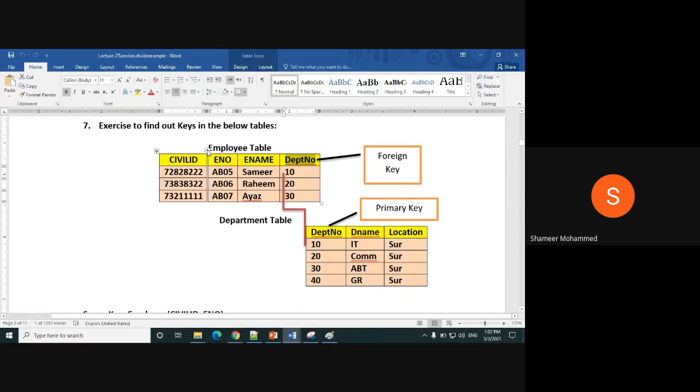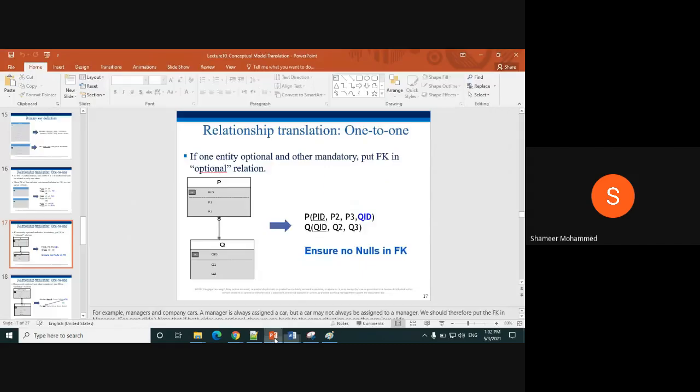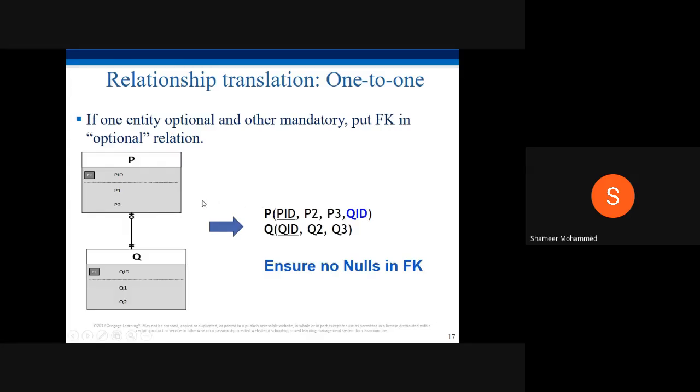Here we call it a table, but here we are calling it an entity. This is an entity. This is an entity. So this attribute you are going to place here. Since it is a one-to-one relationship here, but optional. Which one is optional? On that side, we have to keep this one. Is this okay? Yes, mister.